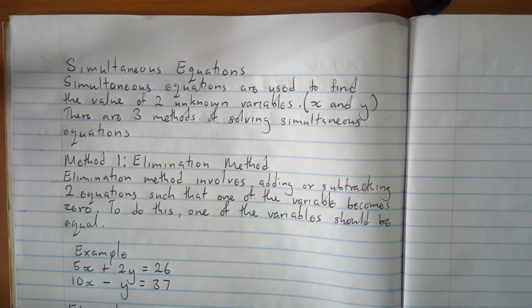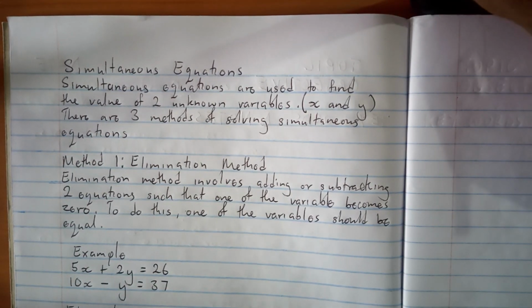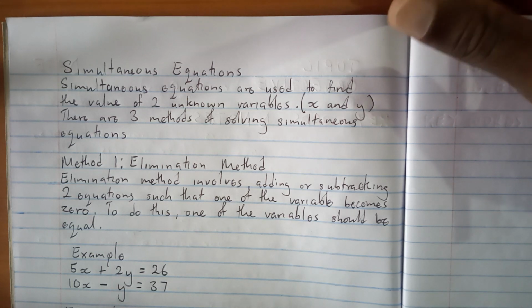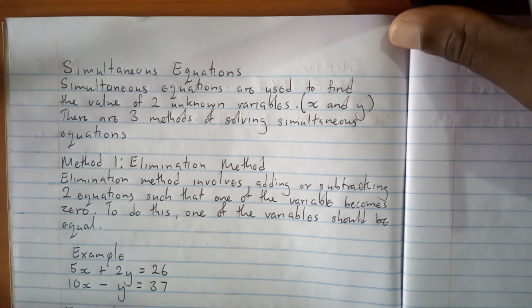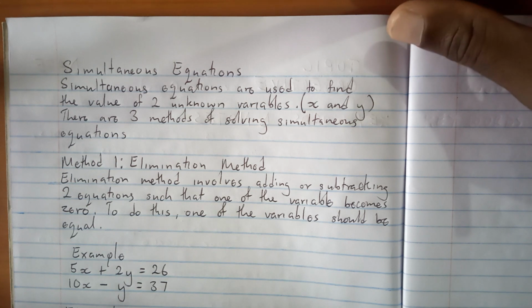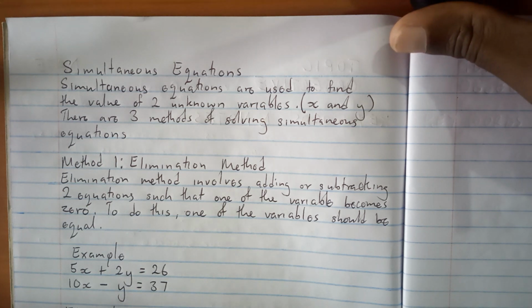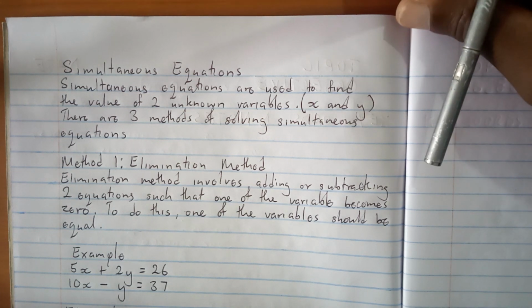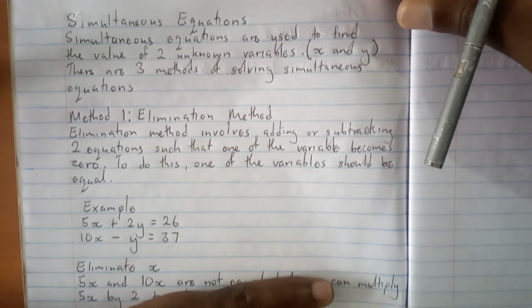In our example, we have 5x plus 2y is equals to 26 and 10x minus y is equals to 37. Now, in any case, we have two variables, x and y, and both of them are unknown. So the first thing we're going to do is eliminate x.